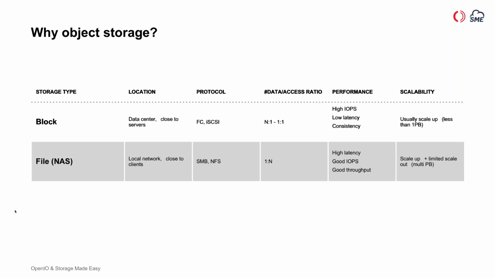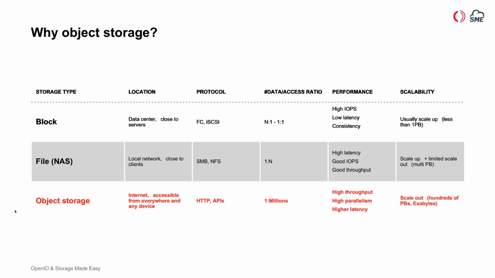On the same floor in the data center, you usually find NAS systems, and they are very good in the local networks, and they are close to the clients, but actually they are still limited in scalability sometimes, and they are actually really difficult to reach from mobile devices like phones, for example.